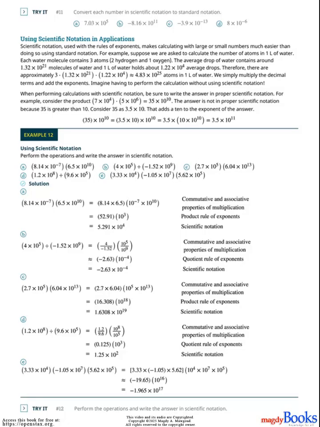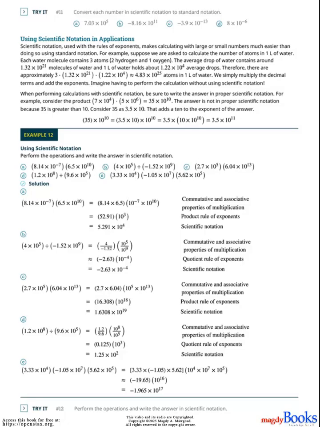Scientific notation. D. (1.2 × 10^8) ÷ (9.6 × 10^5) = (1.2 / 9.6) × (10^8 / 10^5).